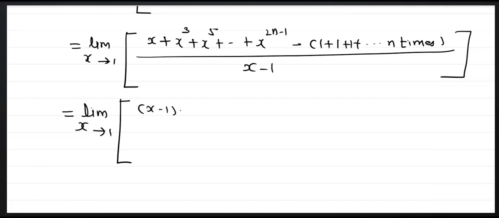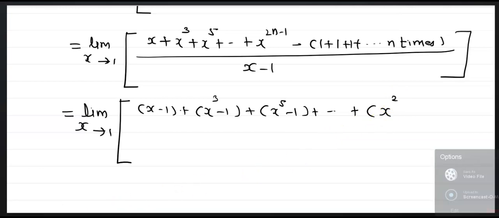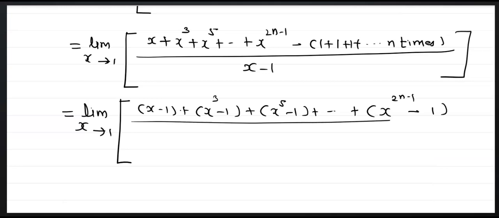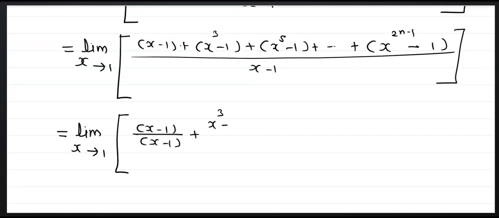Therefore limit x tends to 1, for each x we will take that 1. That is x minus 1, x cube minus 1, x raised to 5 minus 1, up to x raised to 2n minus 1 minus 1, and upon whole divided by x minus 1. And here we will apply the formula for each term.